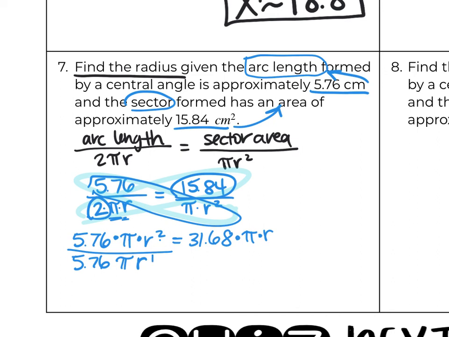When you divide exponents, you subtract them. So the squared will cancel out, the r will cancel, the pi's will cancel, 5.76 will cancel. Okay, divide by the same thing on this side. R's cancel, pi's cancel. You're left with 31.68 divided by 5.76. On the left side, I'm left with r. So these I just divide, and that gives me 5.5.